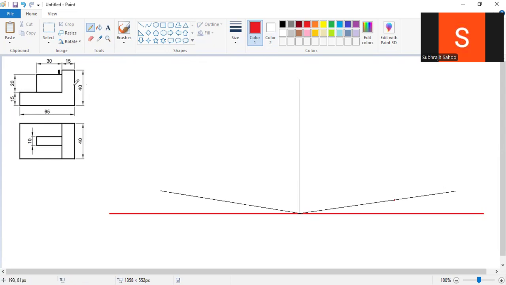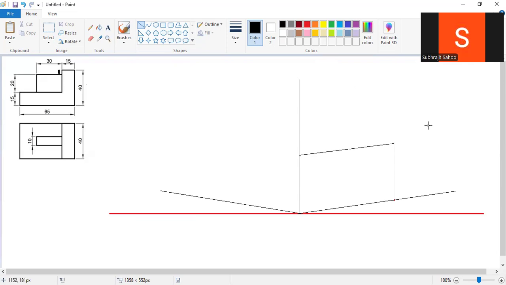Sir, what is the total height given? 40, or not? 40. So at this point extend the line 40. Next, here also you mark 40, and join here too.